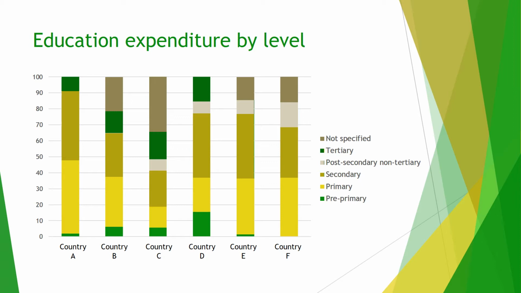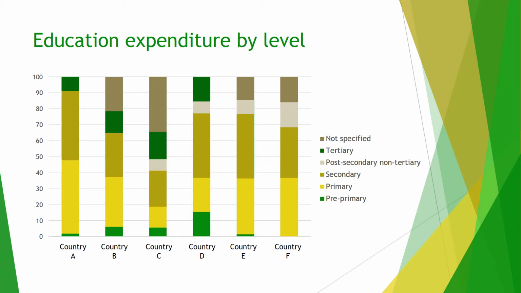So country A, for instance, spends approximately 90% of its budget on primary and secondary. Here we have lumped together junior secondary and senior secondary, because for some of these countries the disaggregation was not available.